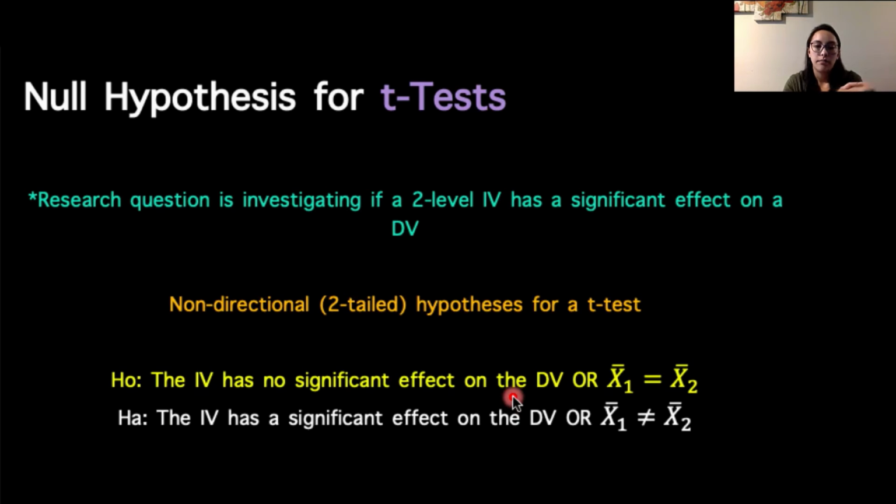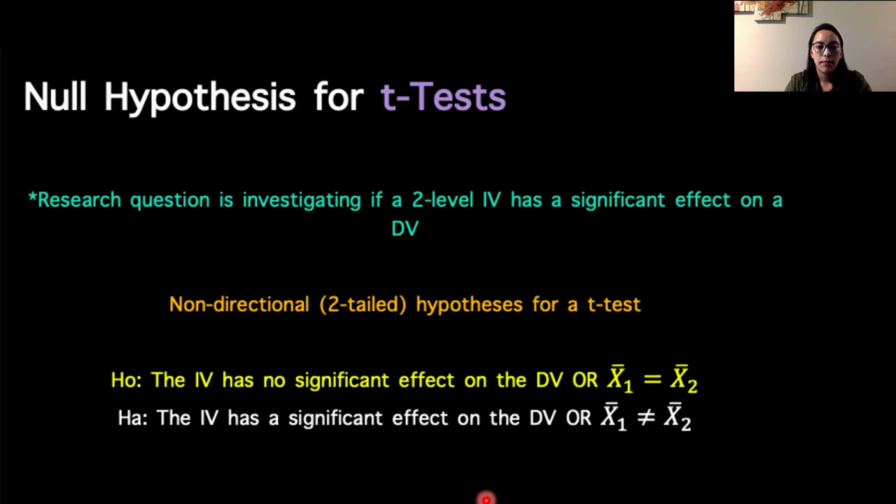We could also say the mean of whatever our dependent variable is of sample A is not significantly different from the mean of sample B. So there are many different ways that you can articulate the null hypothesis, as well as your interpretations of p-values as they relate to the null hypothesis. I think writing it this way is the easiest, but feel free to write your interpretations and your nulls however they make the most sense to you.